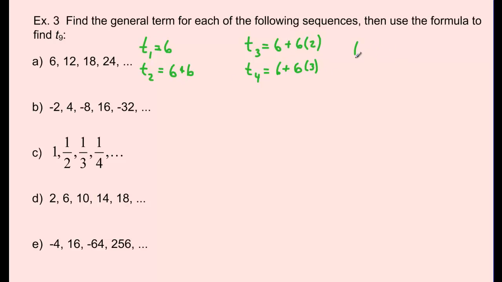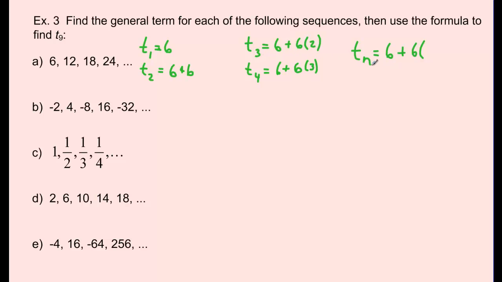So my nth term is going to be equal to 6 plus, and then how many extra 6's am I going to need to add? Well, the very first term I didn't add any extra 6's. The second term I added 1 extra 6. The third term I added 2 extra 6's, and so on. It's always 1 less than the term number I'm talking about.